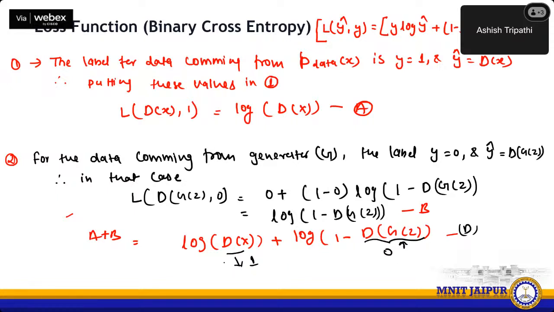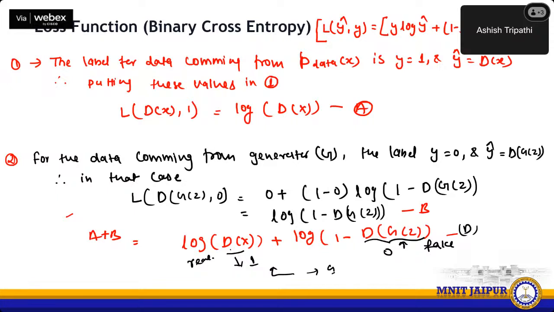Whereas there is no role for the generator here. Again I am telling you, discriminator wants that D of x should be 1, that means 1 for the real image, and D of z should be equal to 0, 0 for the fake image. This is fake, this is real. Generator G has no role in this first point.